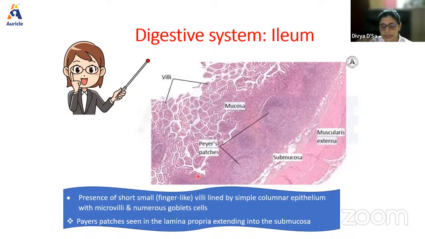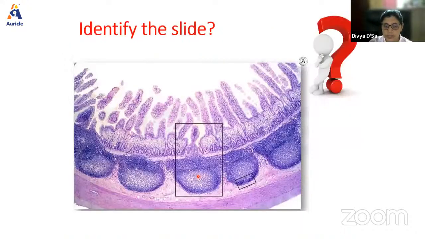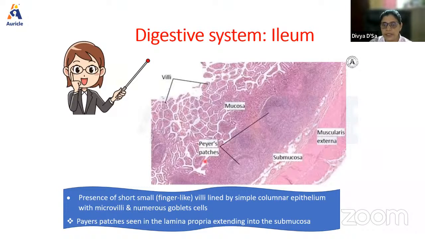Okay, what we see here, we should remember, is in the mucosa layer itself, that is in the lamina propria, which will extend into the submucosa. Okay, it extends from the lamina propria into the submucosa, and this is called the Peyer's patches. So these two things are very specific for ileum. Rest of the structures, layers remain the same.